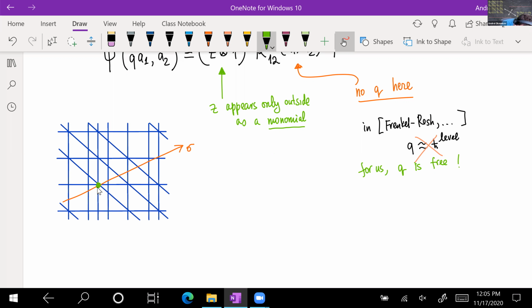Then if I go in this direction, I should only get singularities.